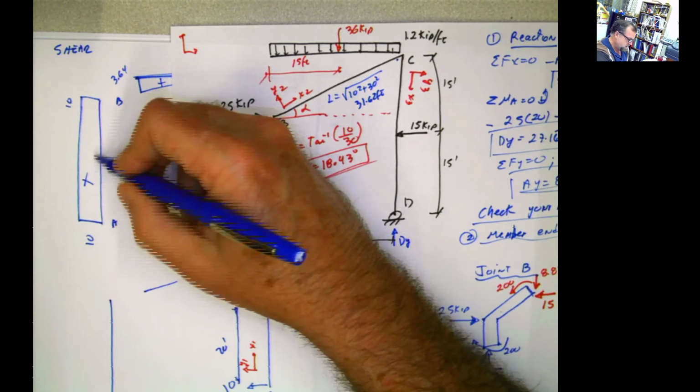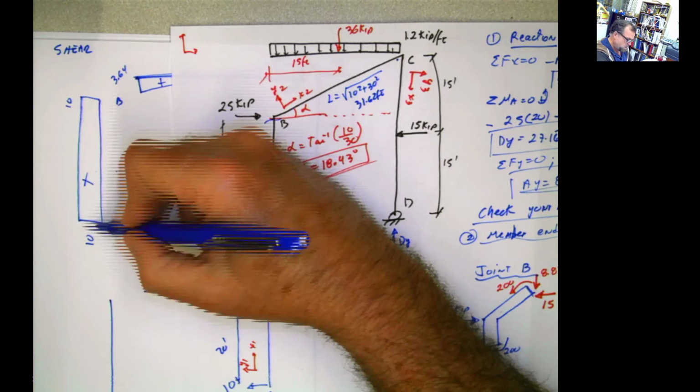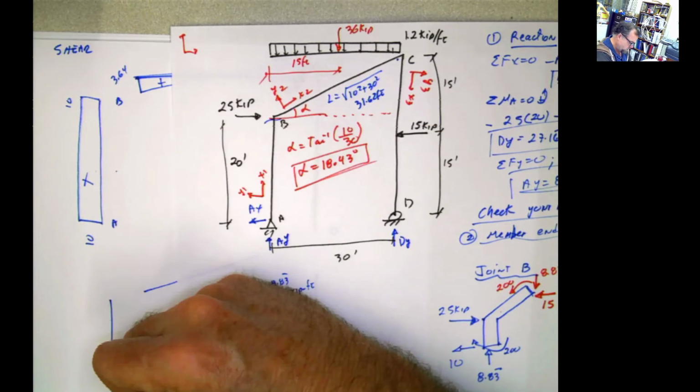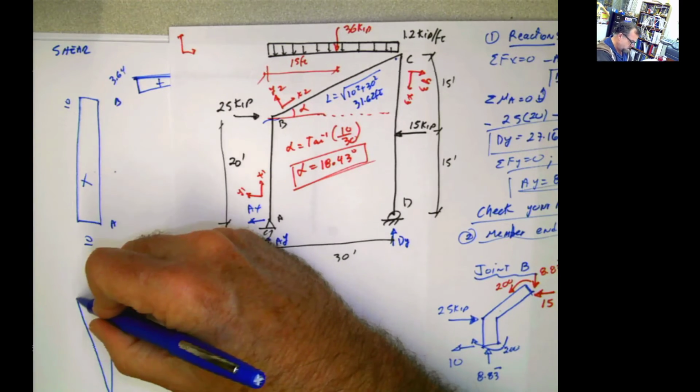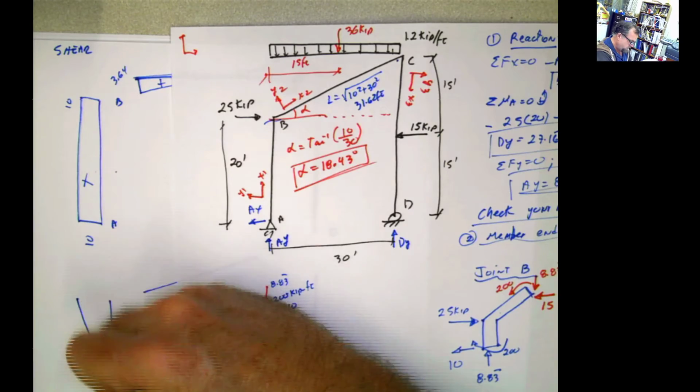Then I find this positive area, which is 100 multiplied by 20, and that's 200. It's going to be constant here, positive.